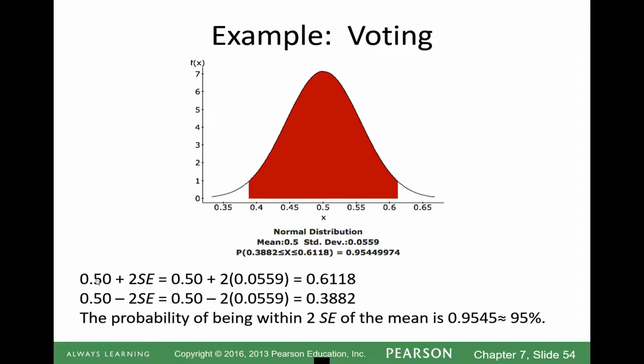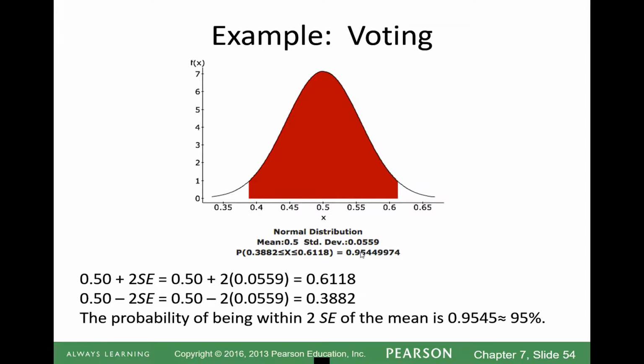So the mean plus 2 standard errors gives one end of the interval, and the mean minus 2 standard errors gives the other end. Now we do a between on those, and the area that corresponds to that is 0.95, approximately 95% of the data.